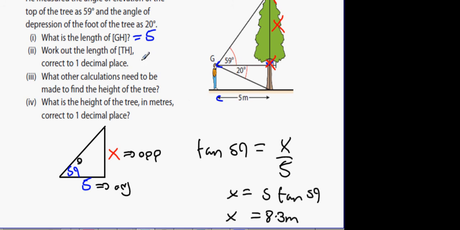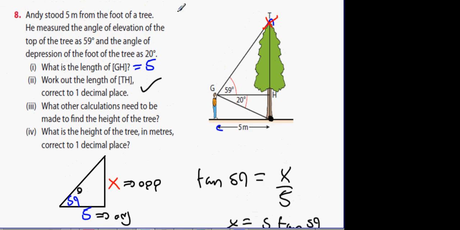Now, what other calculations need to be made to find the height of the tree? What else do we need to find the height of the tree, guys? What letter of the alphabet's not being used at the moment? Call it V. We need to find out the length of HV.